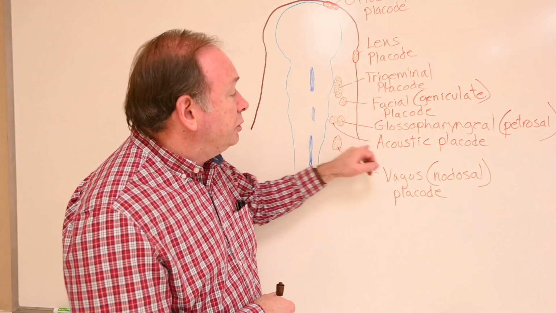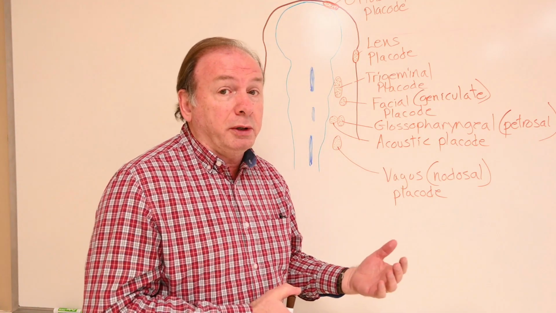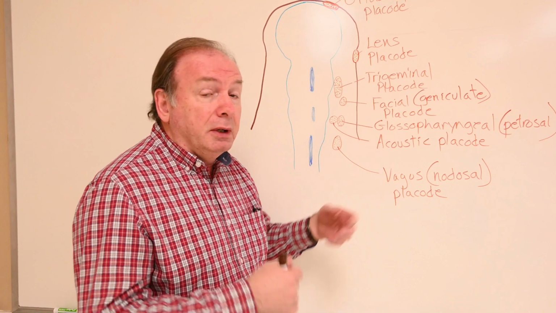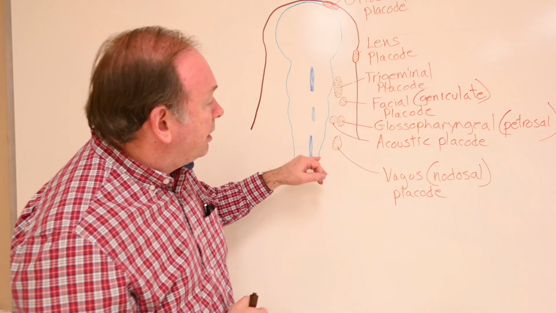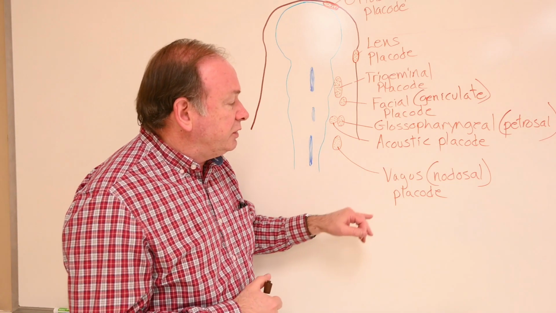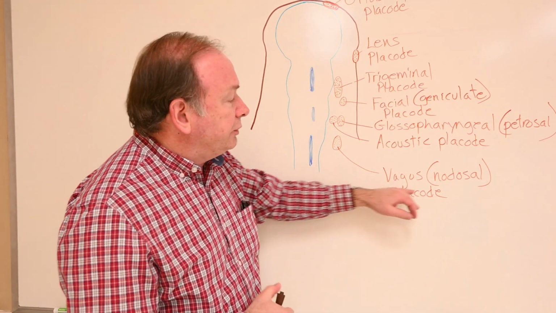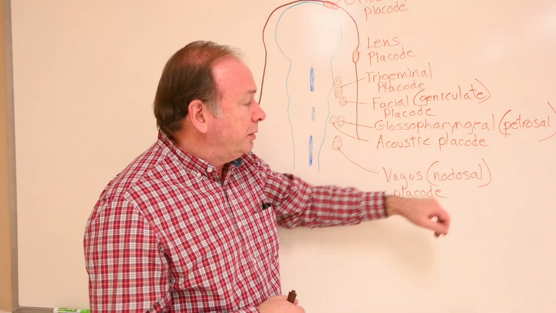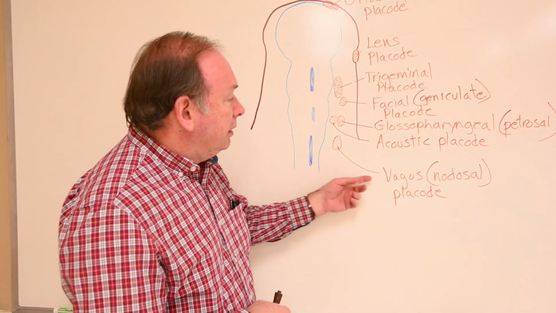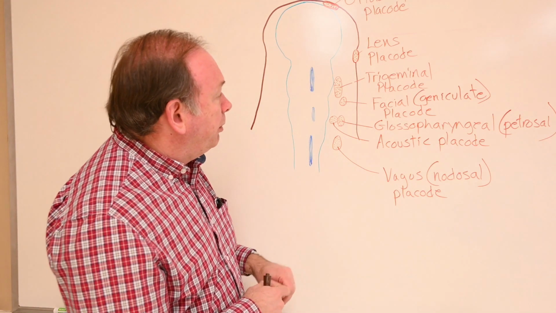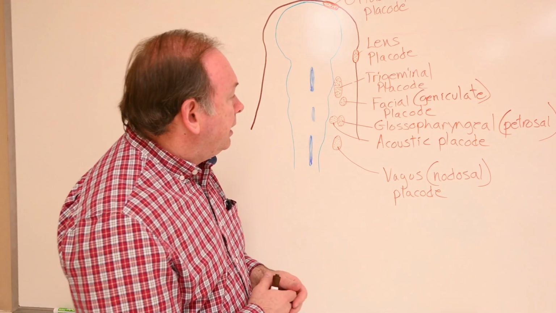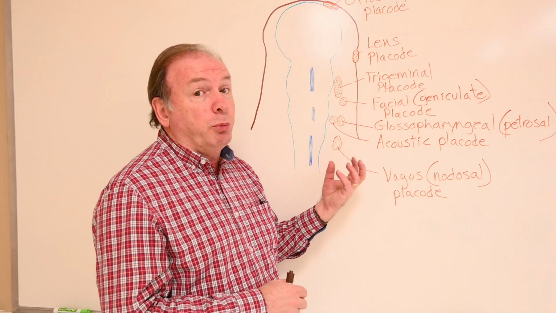Next, the acoustic, sometimes called vestibulocochlear. It's part of that 8th cranial nerve, has to do with the sense of hearing, and that's a vital part there. Next, the vagus placode, it's also called the nodosal placode. The nodosal placode, along with some other neural crest tissues, will come together to make up a ganglion that relays signals into the brain.